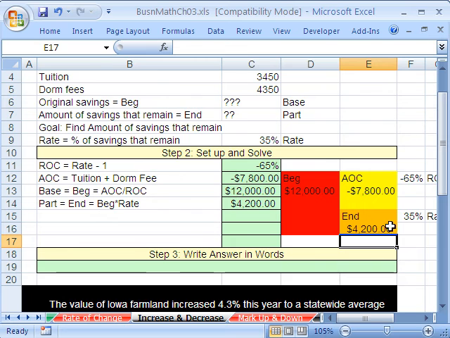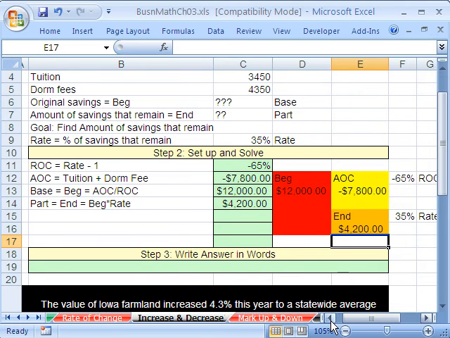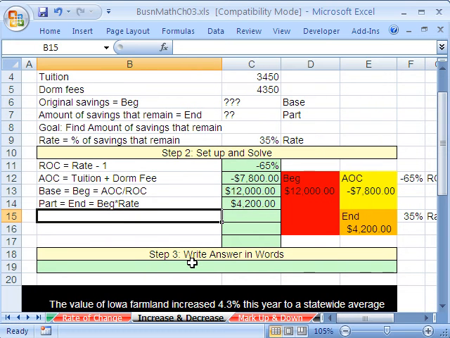Wow, that is cool. We have this cool little picture with all of our stuff. Now we just need to check and then write an answer. All right, so we're going to check, and there's lots of ways we can check this. Let's check it by taking these two and dividing them and see if we can get our begin amount. So I'm going to take the part, which is end in our case, divided by the rate.